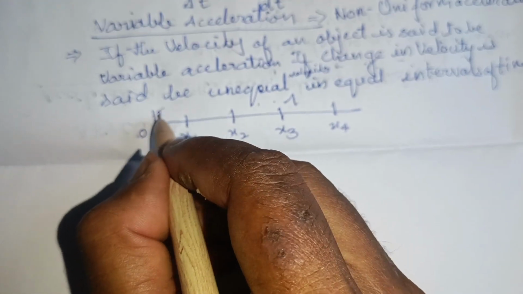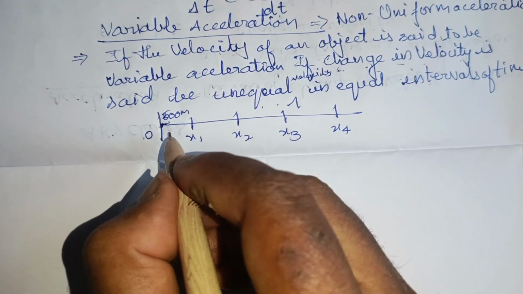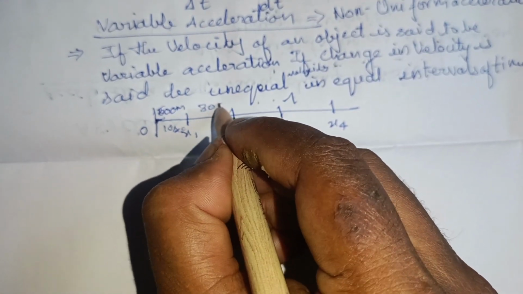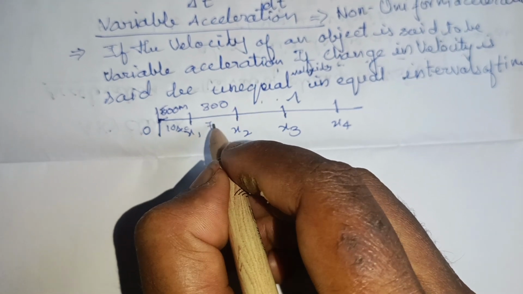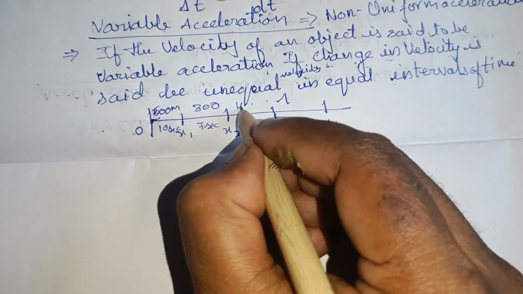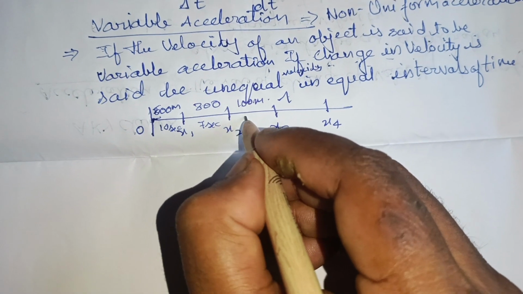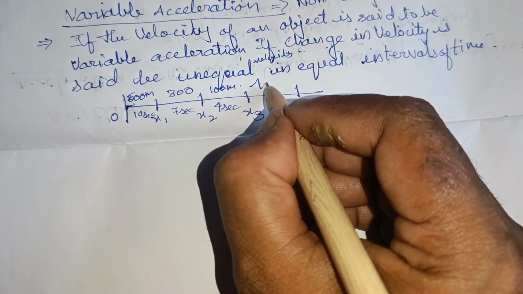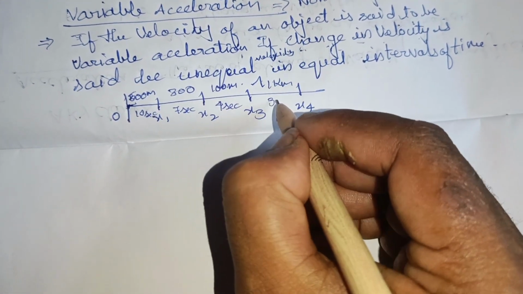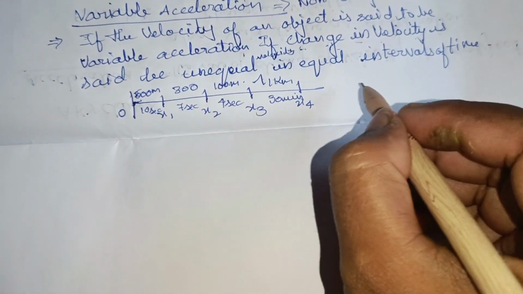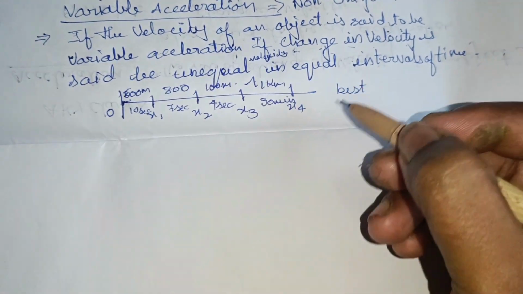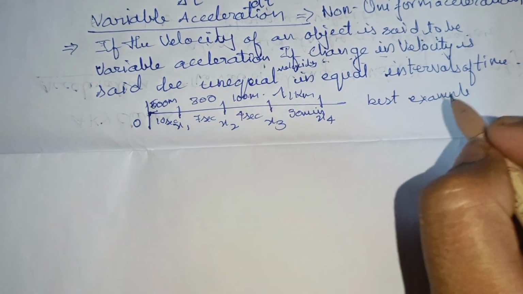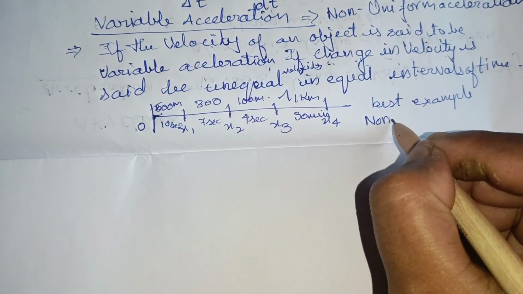The body has traveled 500 meters in 10 seconds, 300 meters in 7 seconds, 100 meters in 4 seconds, and 1 kilometer in 30 minutes. This is the best example to define non-uniform acceleration.